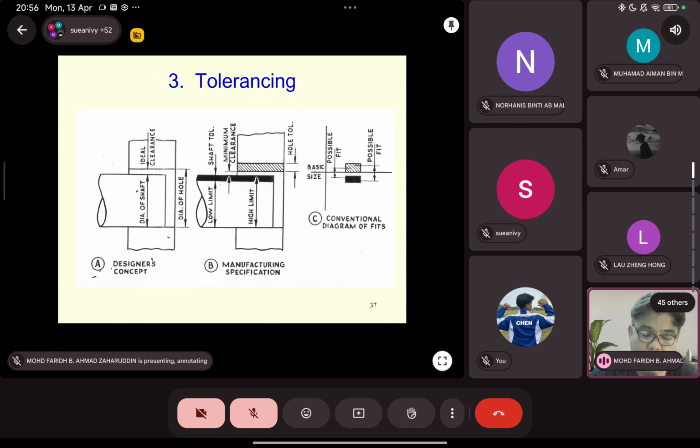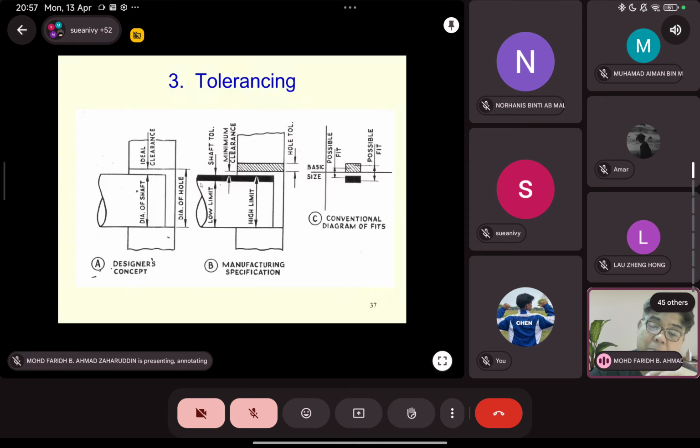But when it goes to the manufacturing specification, when it goes to production, engineers need that tolerance. If not, they will not fabricate the request from the designer, because it is impossible to fabricate.